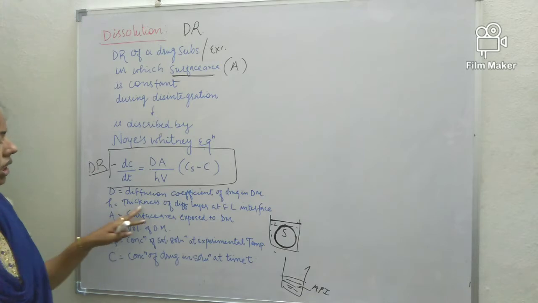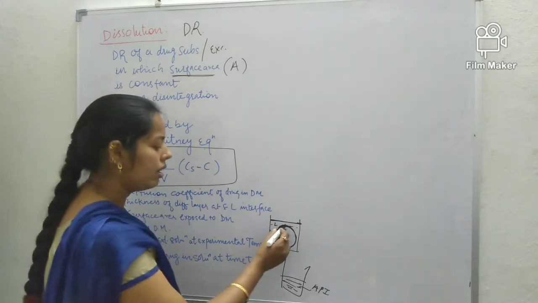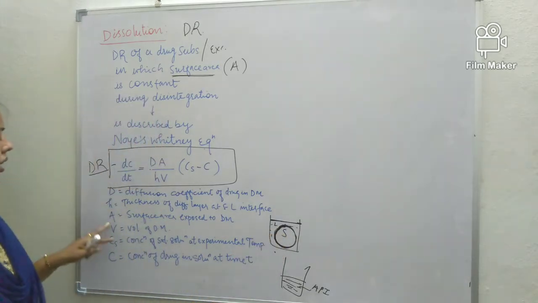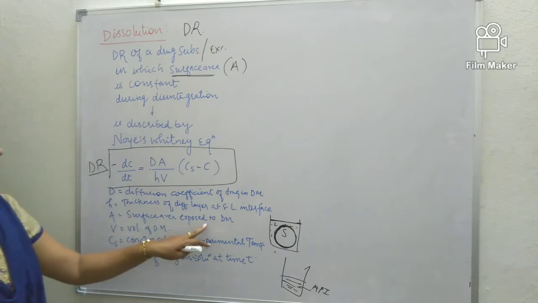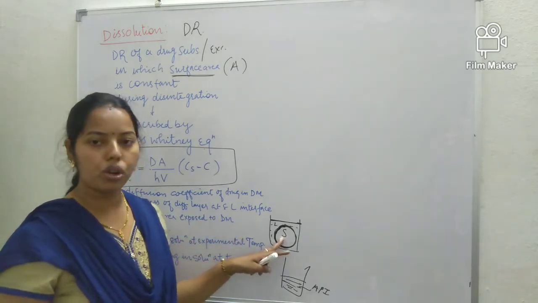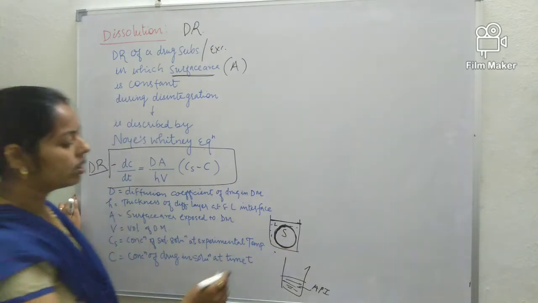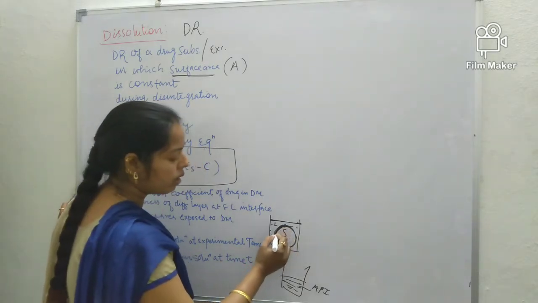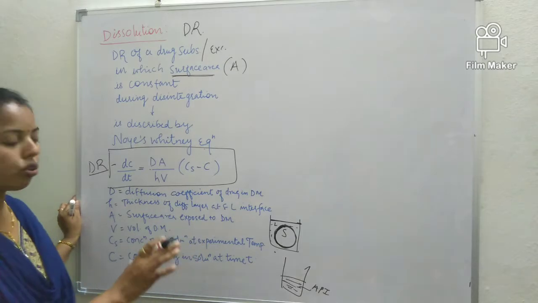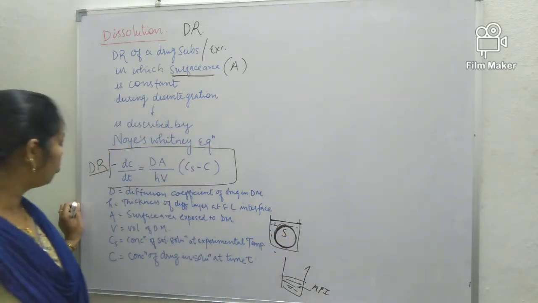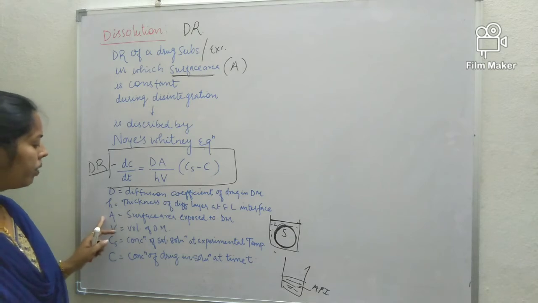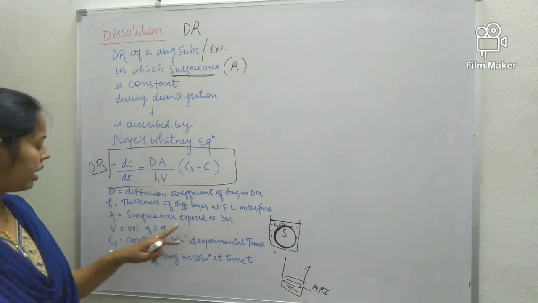So small h is the thickness of this layer. Then capital A is the surface area which is exposed to the dissolution medium. Surface area means the surface which is in direct contact with this liquid.